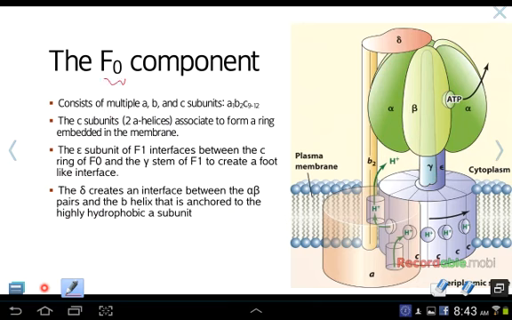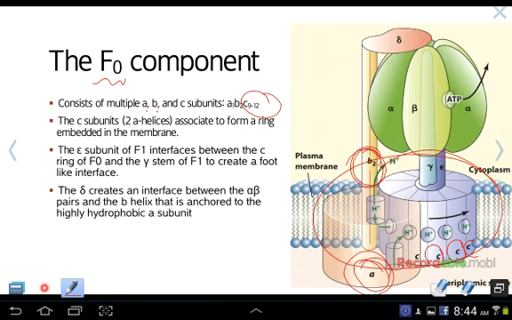The FO component, which is the component that's in the membrane, consists of an A, B, and C subunit. So you have one A unit, this B2 unit, and then you have anywhere from 9 to 12 C units, depending on the species.